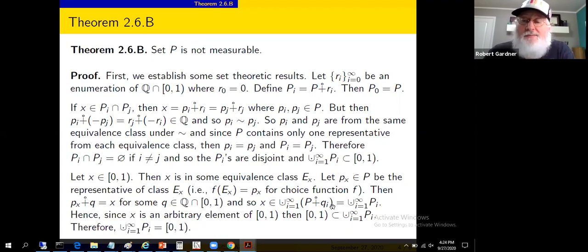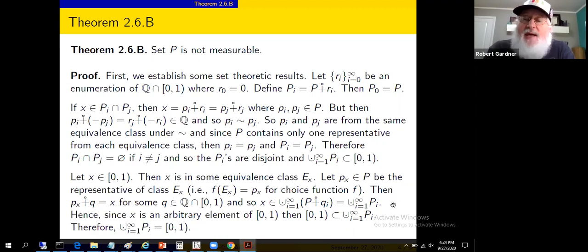I should call it P sub i. But we've got then x in this set. This set is the union of the P sub i's that we had above. So we've shown x is in some particular P sub i. It's the one corresponding to this rational number q and this representative p sub x.